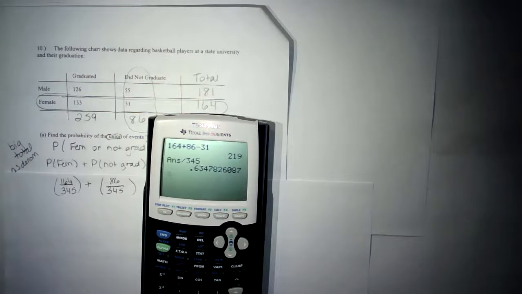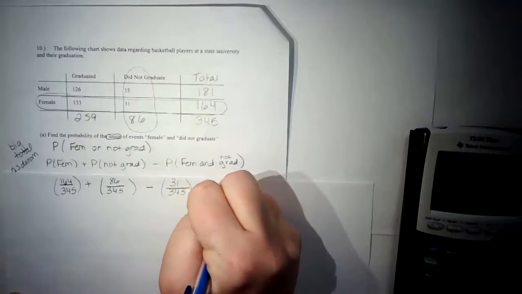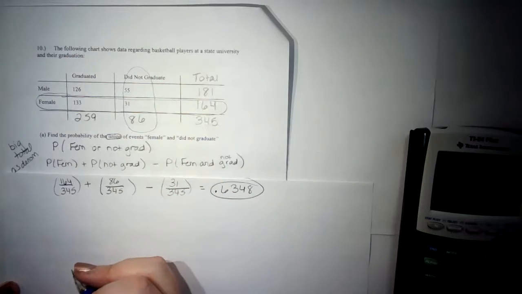And we get 0.635. Now you can put every little fraction in and add them all together and subtract. You can absolutely do that. I just find that to be easier. And so I like to share that with you just so that you can see how that works. Okay, and there you go.